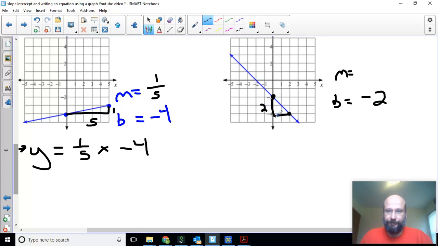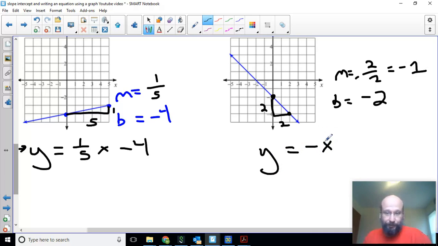That's 2, 1, 2, 1, 2. 2 over 2, negative, and negative 2 over 2 is negative 1. So our equation is y equals negative x minus 2, because the number in front of the x is 1. I don't have to write it. Again, the imaginary number in front of the x is 1. That's our slope, negative 1.